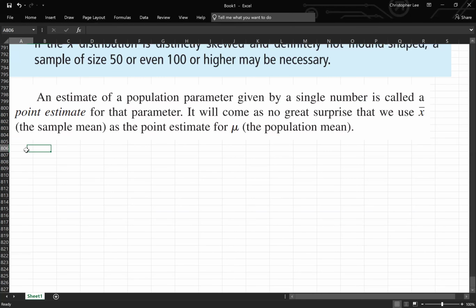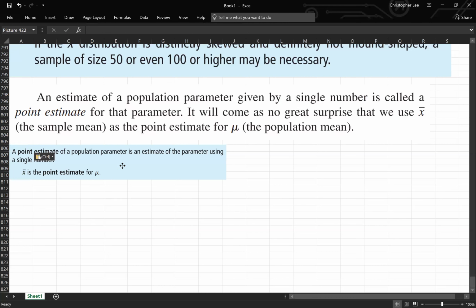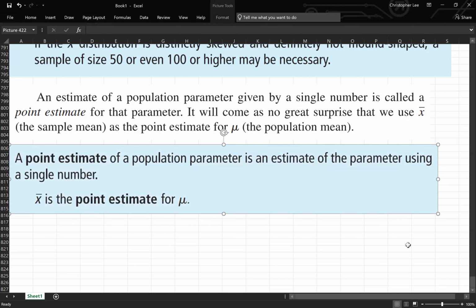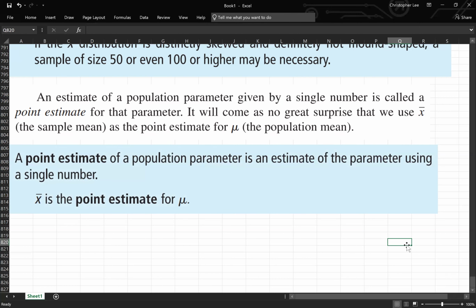Let me elaborate on point estimate a little bit. New topic, so new vocabulary. A point estimate of a population parameter is an estimate of the parameter using a single number. X bar is the point estimate for mu. All right.